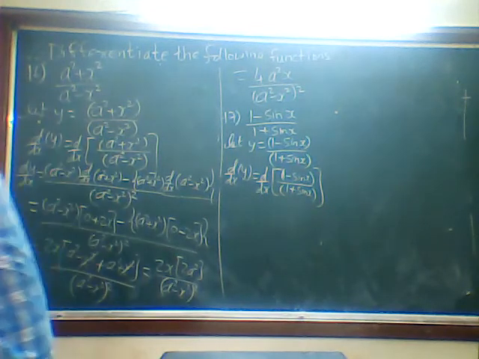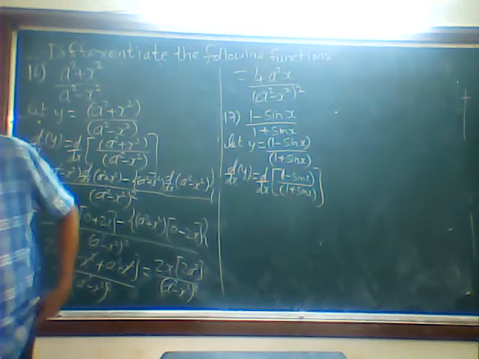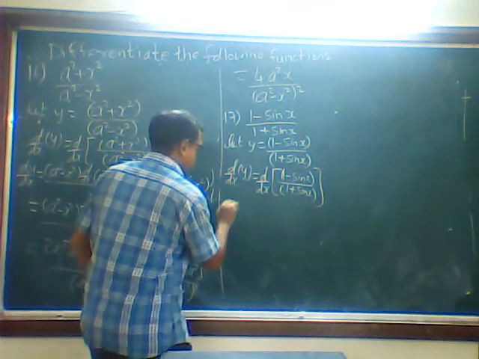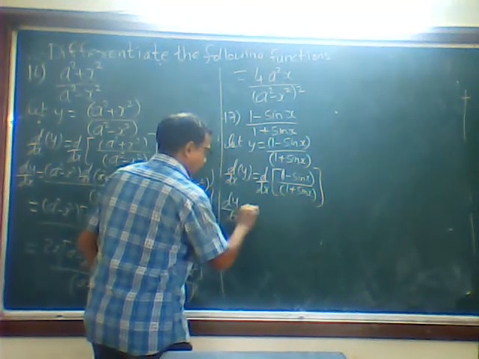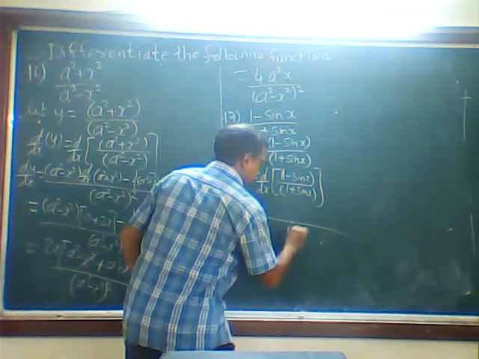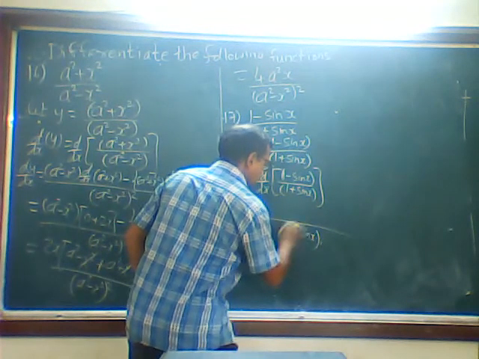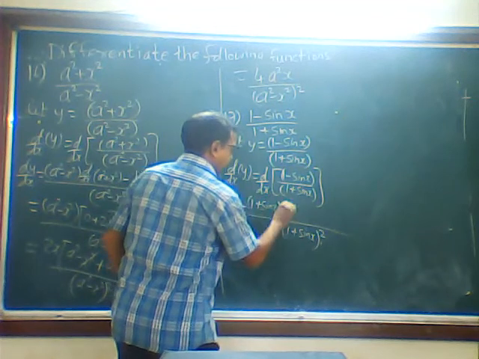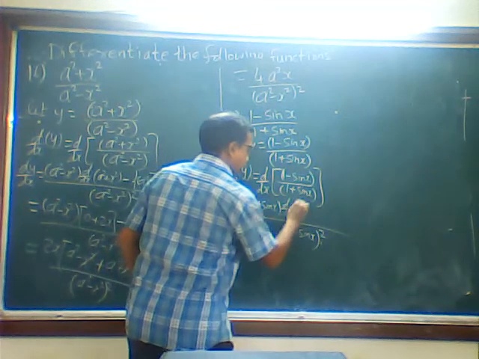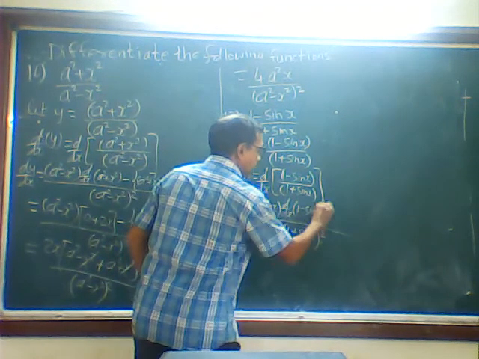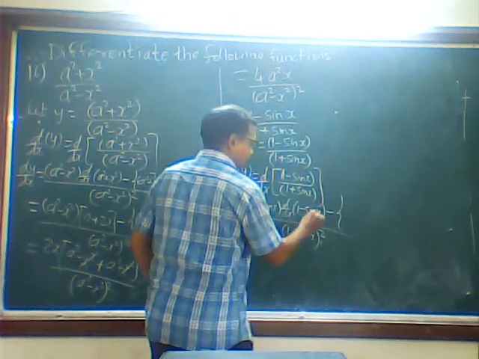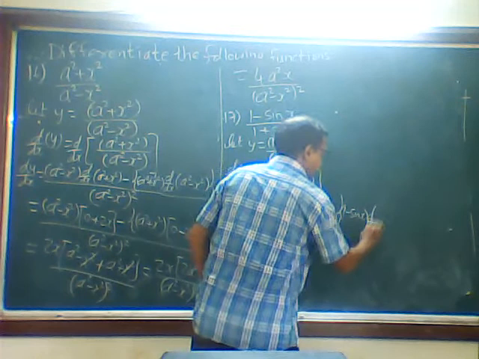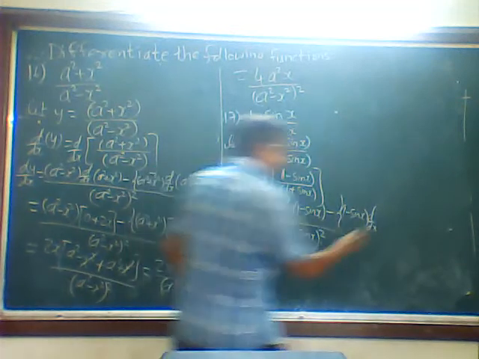Okay. Next, we'll apply the formula u by v. dy by dx is equal to denominator square, 1 plus sin x, d by dx of numerator, minus lower bracket open, this will be put as it is, d by dx of this one, 1 plus sin x.